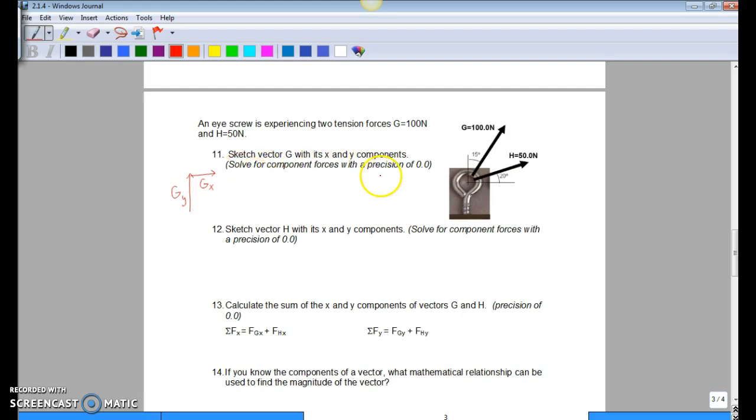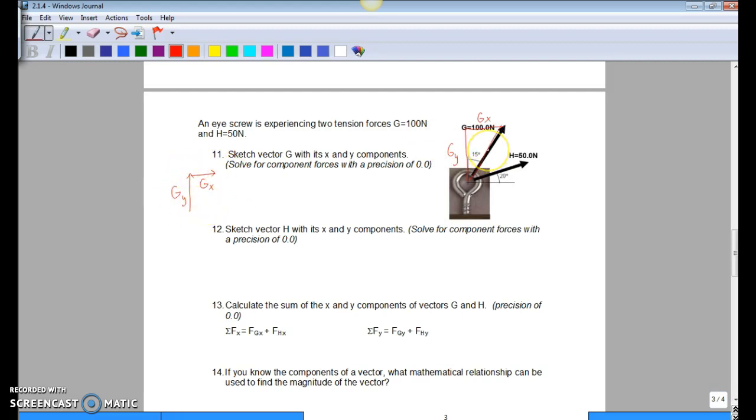So when I look at this, I'm breaking that into two components. Over 15 we have Gx, Gy, which is what I have drawn over here on the left.